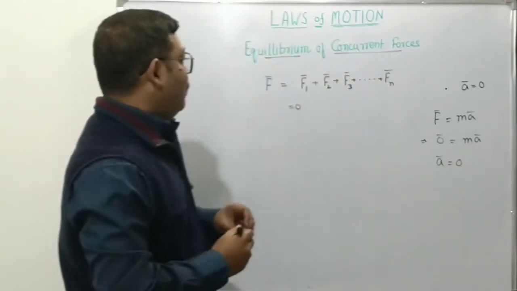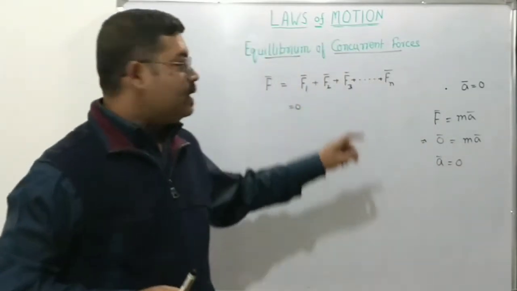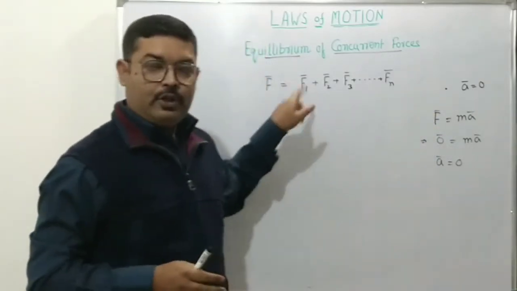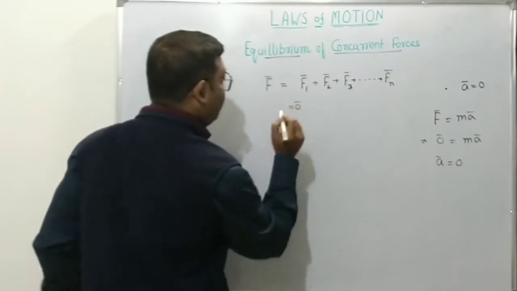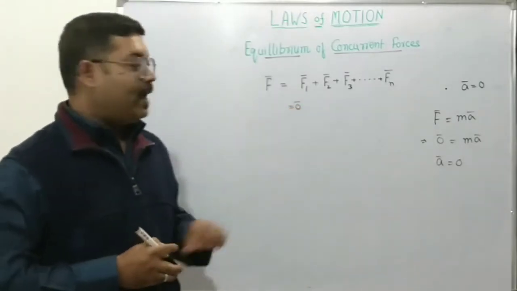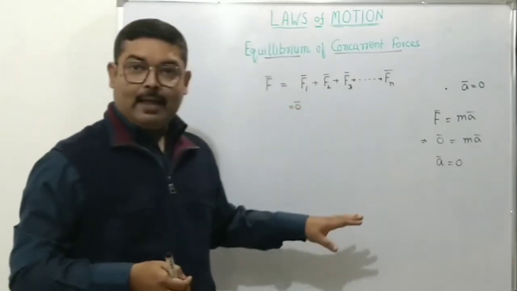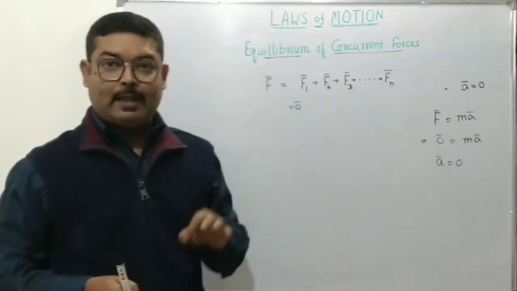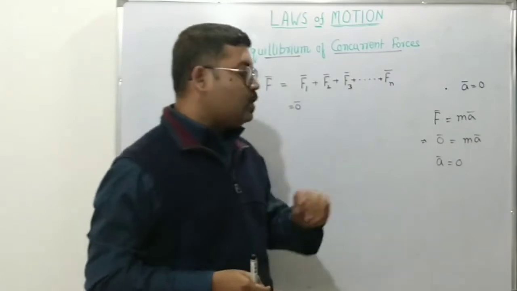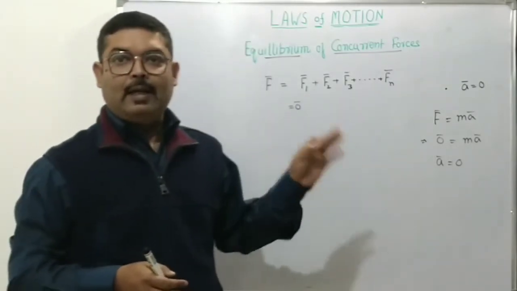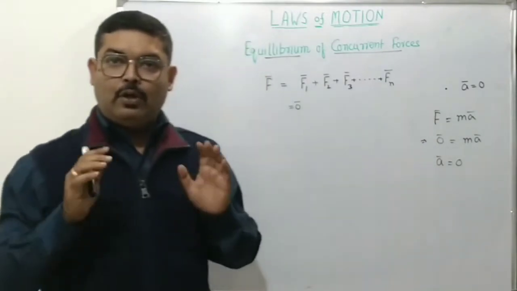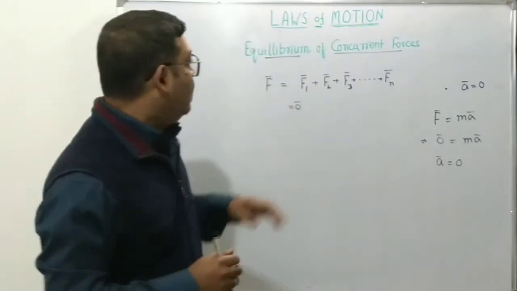So if the forces acting at a single point add up to 0 vector, in that case the point will not accelerate. The point of application of the forces will not accelerate, or it will remain in equilibrium. So if it were stationary, it will remain stationary. There will not be any acceleration produced.